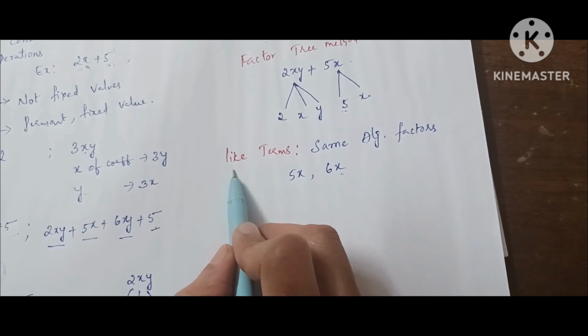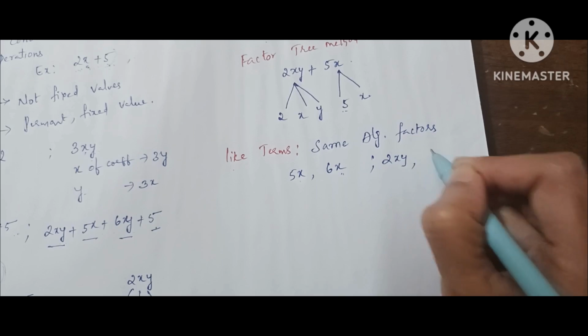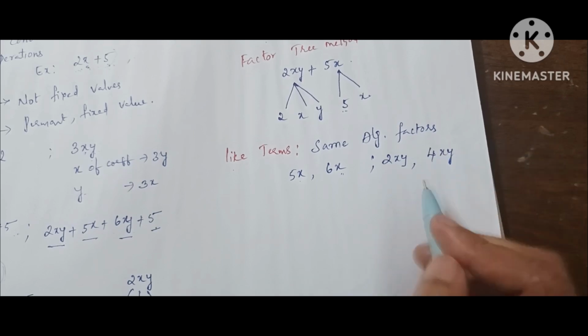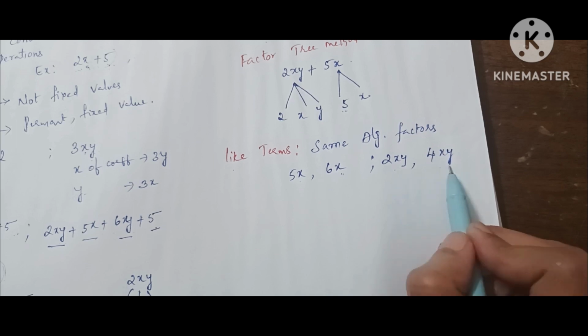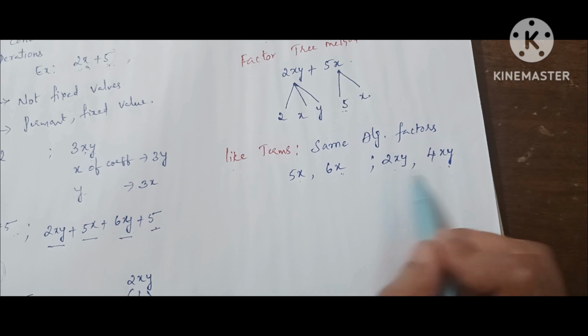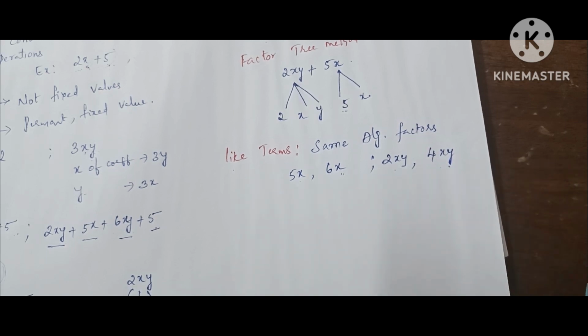So we name them like terms. Or 2xy and 4xy. Here xy and here xy, both are the same variables. So we say 2xy and 4xy are like terms.